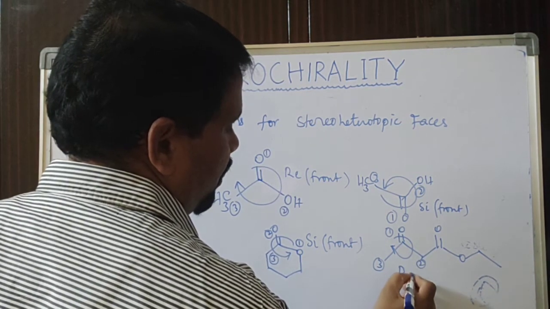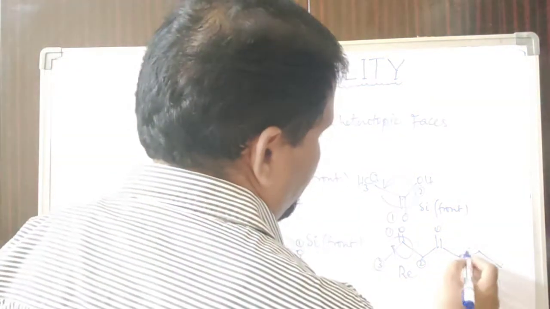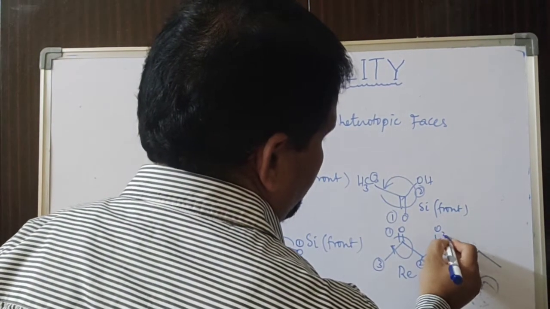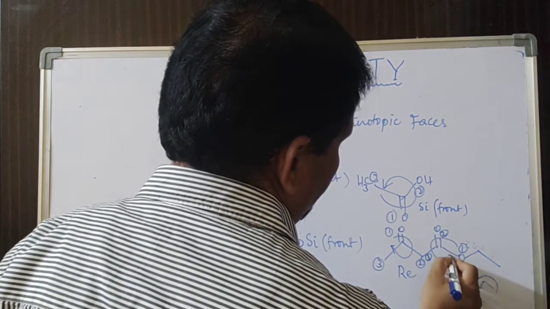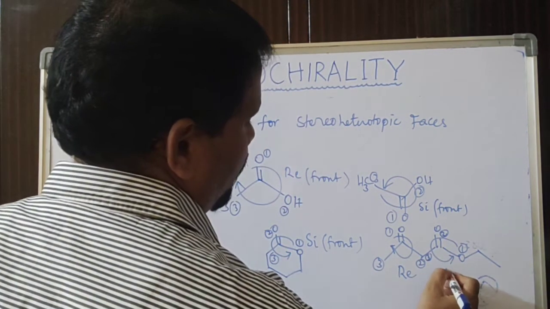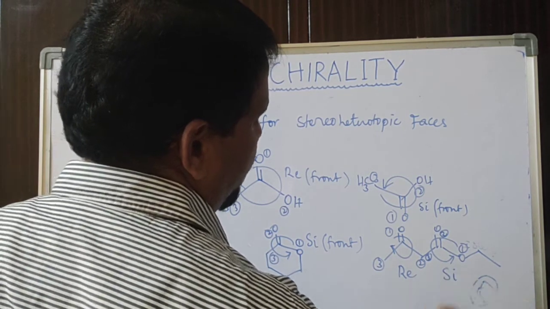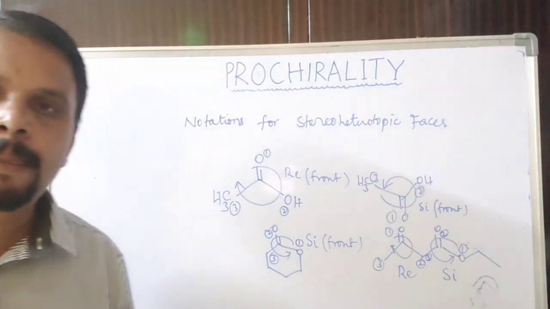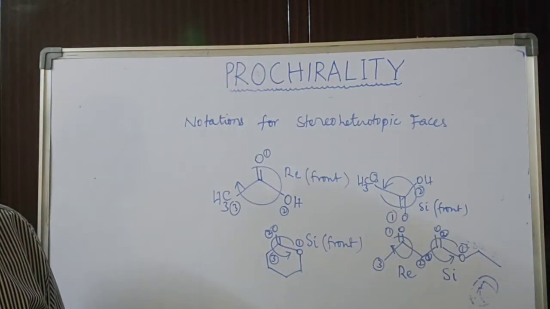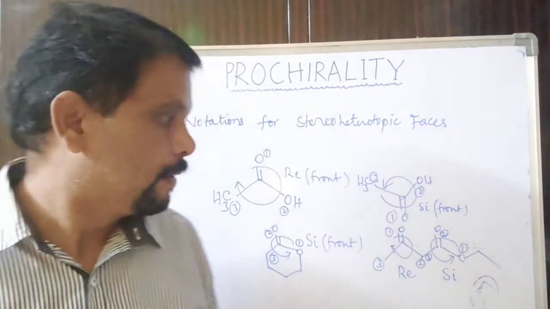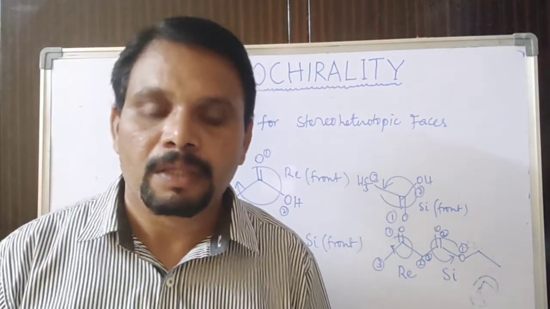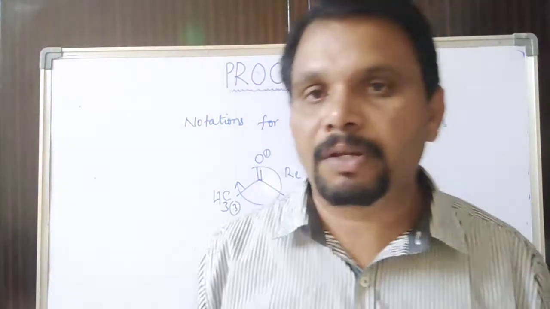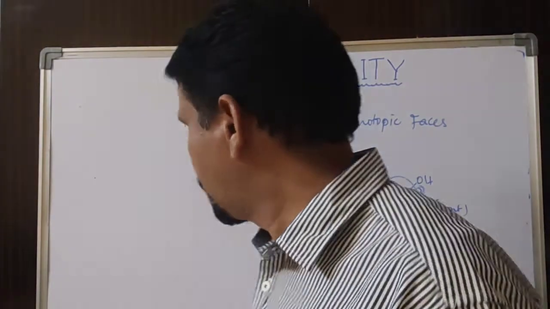Clockwise, Re. Here 1, 2, 3. This is anti-clockwise, Si. So these are the things you need to understand to give notations or discriminations for prochiral molecules.